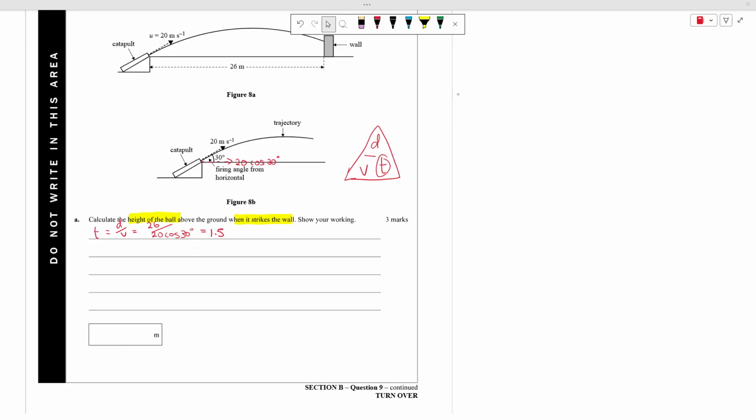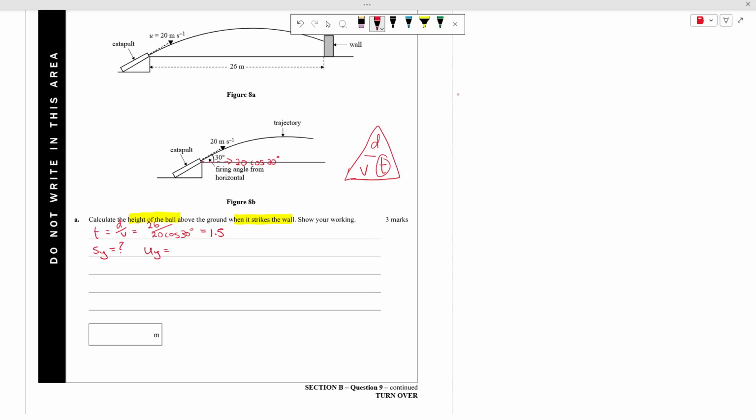So we want to know how high is the ball after a certain time. What is the vertical displacement of the ball? And what do we know about the ball's vertical motion? Well, we know its initial vertical velocity, uy.